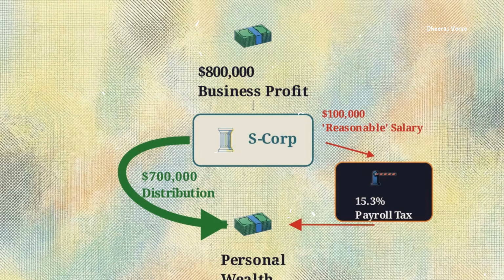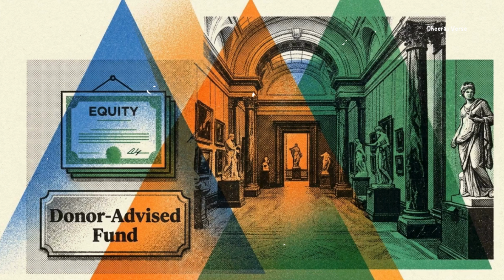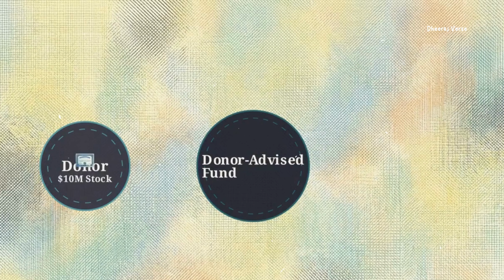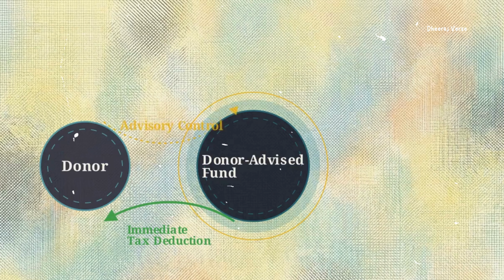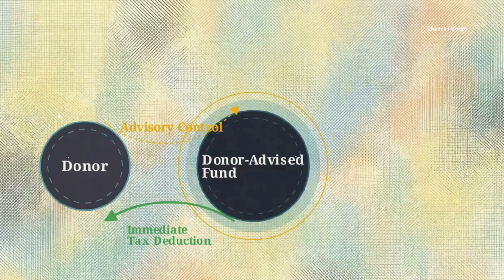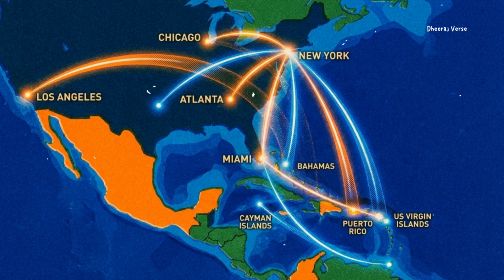Charitable giving is also used as a sophisticated tax reduction tool, most notably through donor-advised funds. Contributing $10 million in appreciated stock to a fund grants the donor an immediate tax deduction and erases the capital gains tax, all while they retain control over how the money is eventually spent. Geographic arbitrage allows the wealthy to physically move their residency or corporate profits to more favorable jurisdictions.